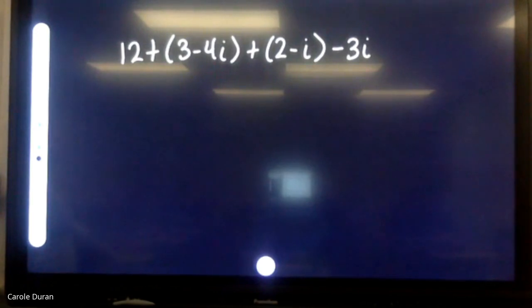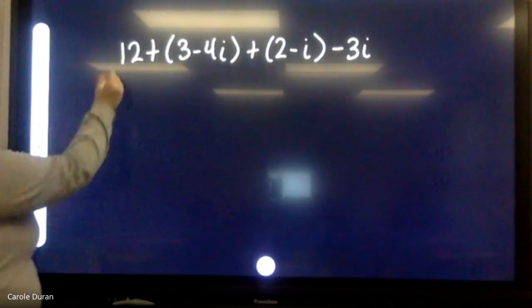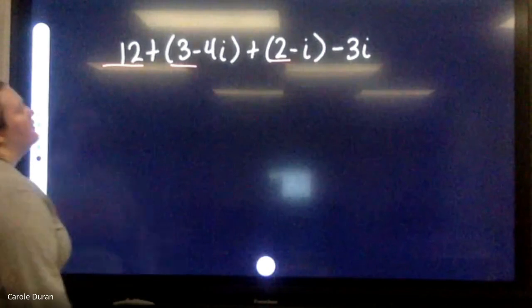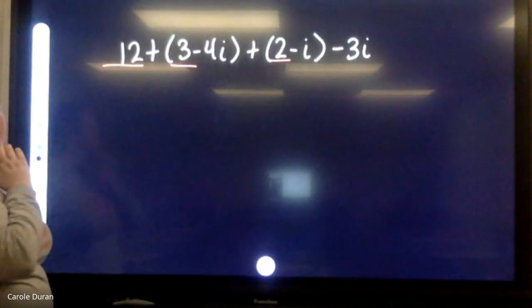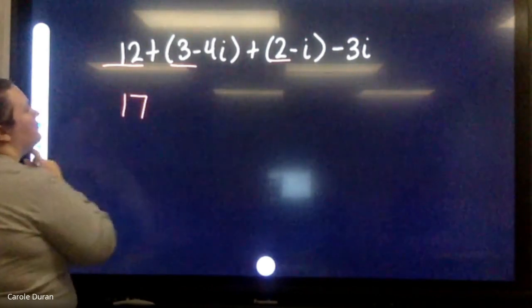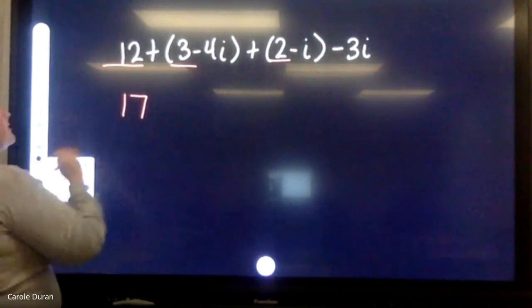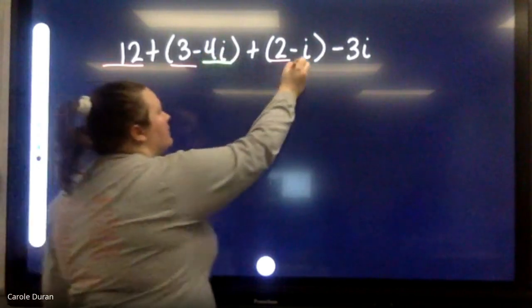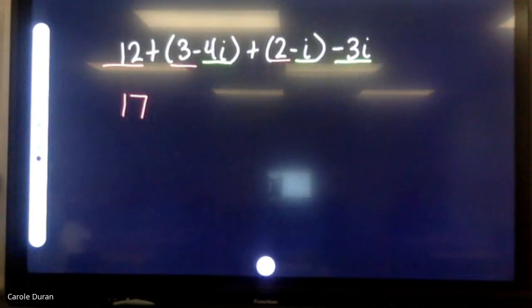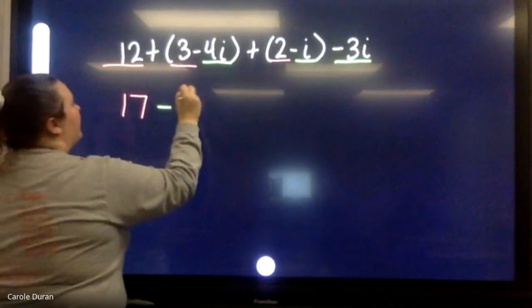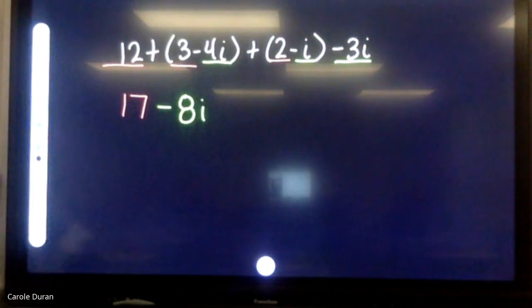When we simplify this, we focus on one part of a complex number at a time. So I always start with the real part. What are my real parts in this problem? 12, 3, and 2. So I have 12 plus 3 plus 2 equals what? Then I do my imaginary parts, which are negative 4i, negative i, and negative 3i. So I have negative 4 plus negative 1 plus negative 3, which is negative 8i. And then we're done.